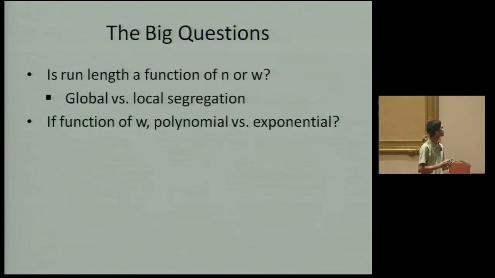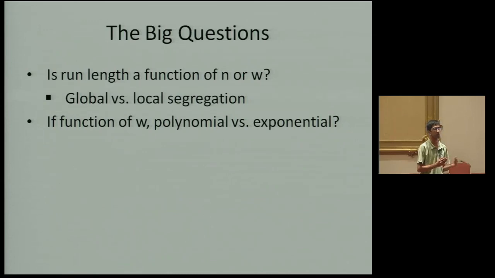One of the first questions here is, is run length a function of n or not? If it's a function of n, that means no matter what the window size is, segregation will be global, and that's unavoidable. If it's independent of n, that means only an individual's preference will dictate how strong segregation is.